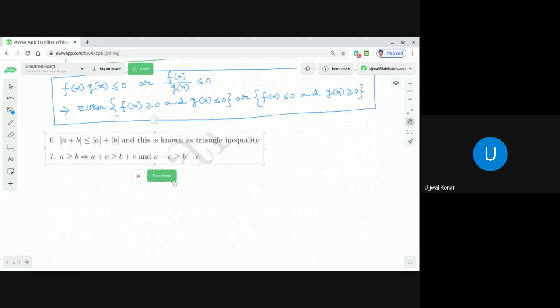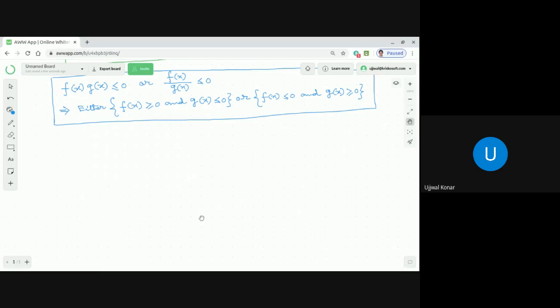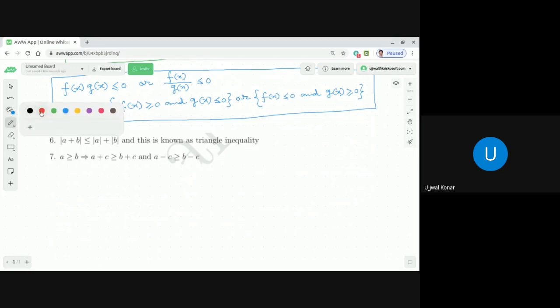So the next two properties: the sixth point is that mod of a plus b is less than equal to mod of a plus mod of b. And this is known as the triangle inequality that you can prove also. I leave it to you to prove it. And you can think about a triangle, and in vector also, we have done it.